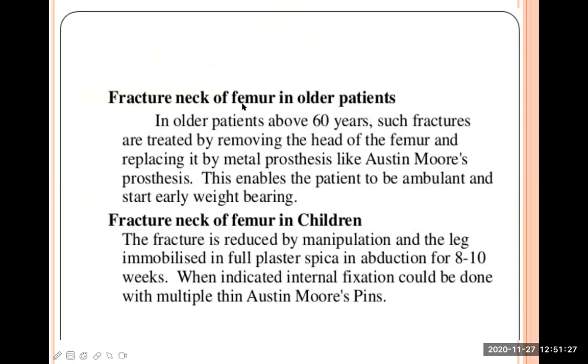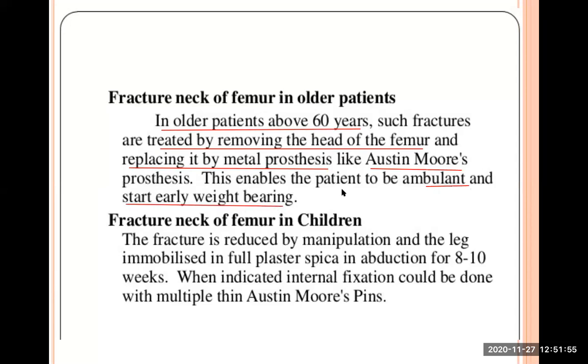So here, fracture neck of the femur in older patient. What should we do? In older patients above 60 years, such fractures are treated by removing the head of the femur and replacing it by a metal prosthesis like the Austin Moore prosthesis. This enables the patient to be ambulant and start early weight bearing.